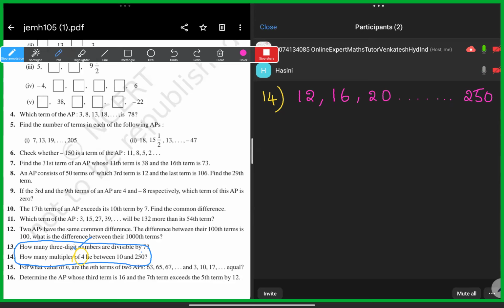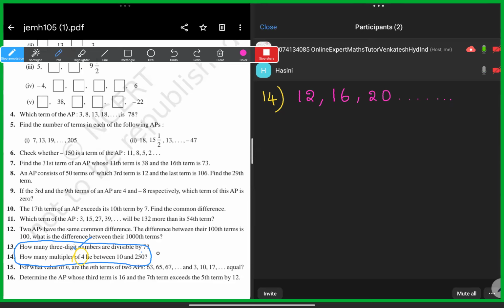Is it divisible by 4, Hasni, 250? Okay, Hasni. Before, I was telling another point: even if it is divisible, we should not write 250 here. Why, Hasni? It is not divisible by 4, sir.